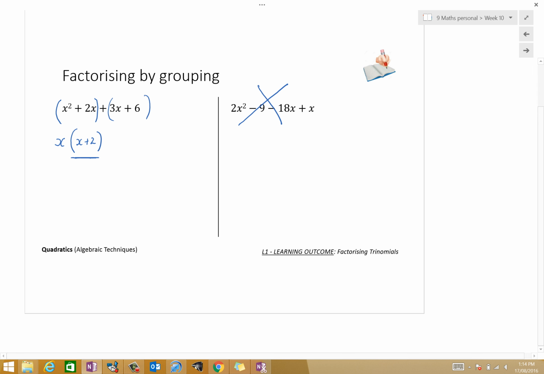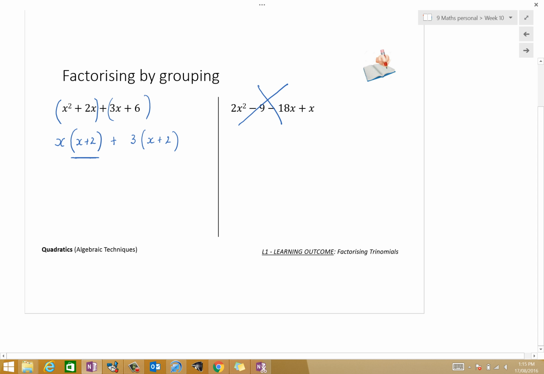Otherwise they're not a highest common factor. So therefore I've got x plus 2 plus. I could almost write x plus 2 in here, but the highest common factor of those is 3. So 3 times x is 3x, 3 times 2 is 6.